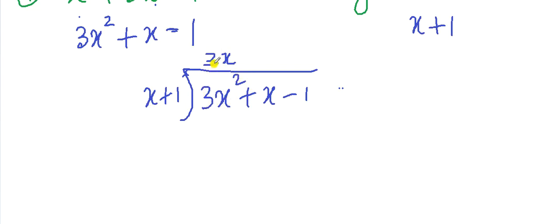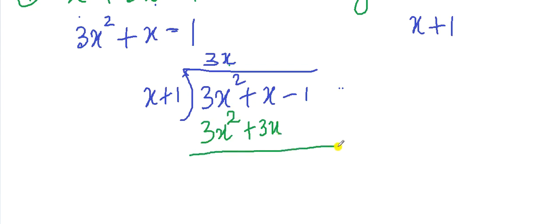Okay, now once we have written this, we will multiply it with both the terms. So 3x times x gives me 3x square, and 3x times 1 gives me plus 3x, which I write below the x term. Okay, this step is over, and my next step, just like in normal division, will be subtraction.